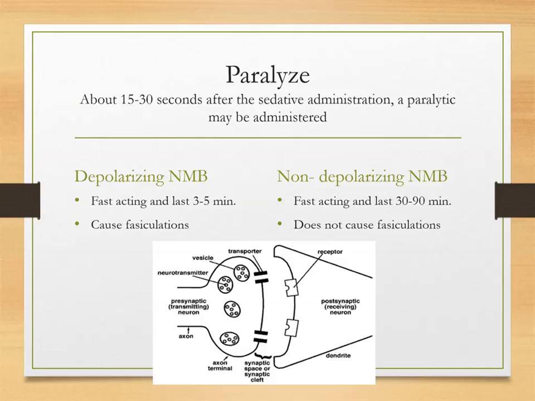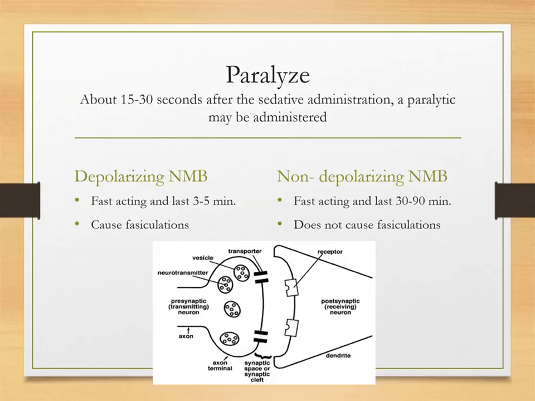So, where are we at? Let's talk about some of the specific agents here, okay? Before we talk about some specific drugs, let me back up for a second. With those non-depolarizing neuromuscular blockers, like I said, they're fast acting and they last 30 to 90 minutes.